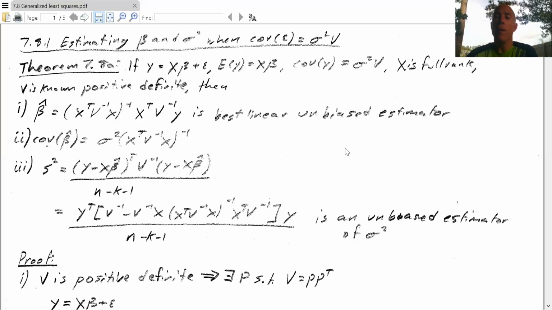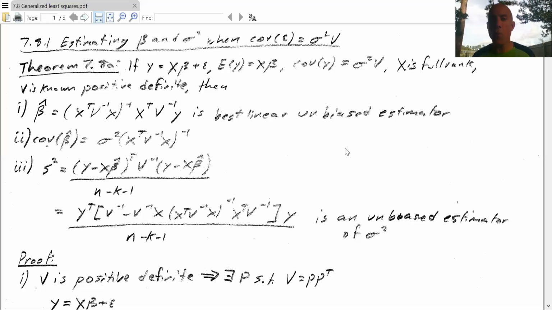So let's think about those last two. We can represent those last two as just saying that the covariance matrix for our residuals is equal to the identity matrix times a sigma squared scalar value. So what if that identity matrix part is not correct?